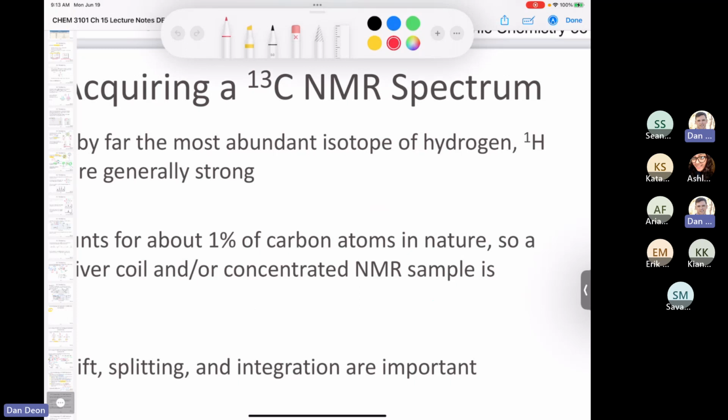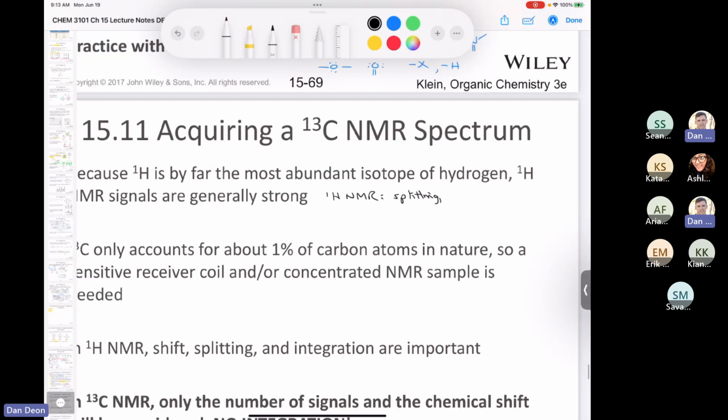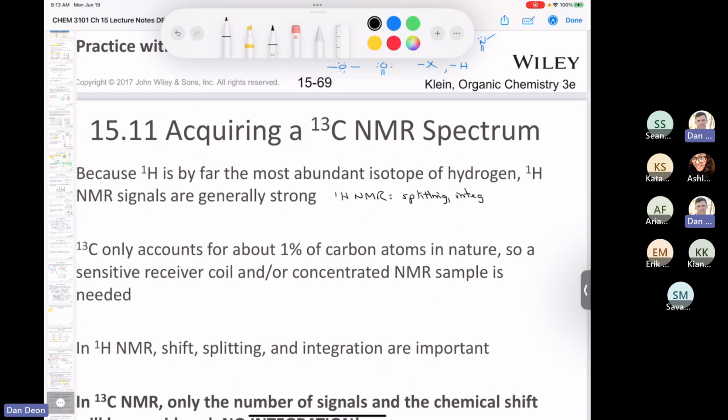When we were talking about proton NMR, we said that we looked at splitting, or n+1, right? So we looked at splitting, we looked at integration, and chemical shift.